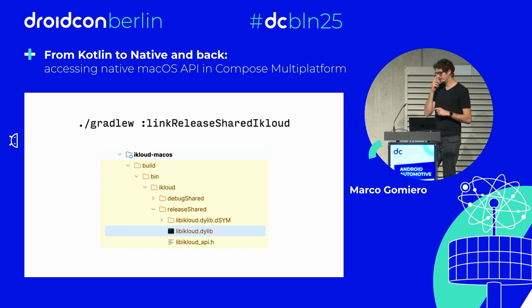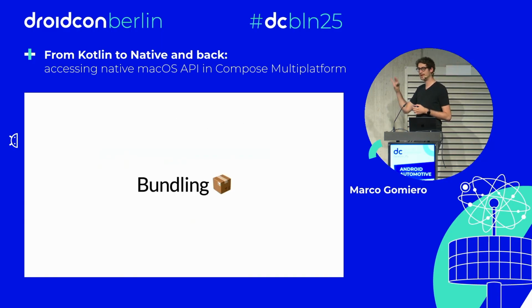After you invoke this task, our dynamic library, called dylib, will be placed inside the build folders of our project, and then we can bring that library and put it into Compose Multiplatform. So we have to bundle it together. And this step is important because we have to bundle it in a way that the library will be signed together with the app.